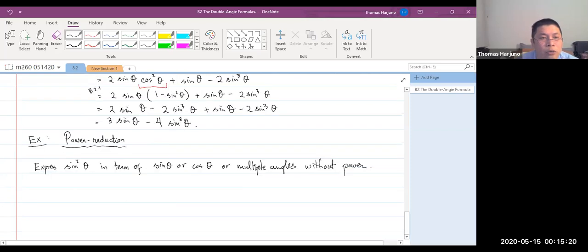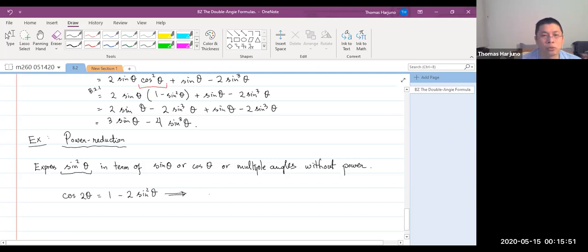Now you need to think about which formula you have above that has sine squared theta. The only one you have is cosine 2 theta equals 1 minus 2 sine squared theta. Now rewrite this for sine squared theta.